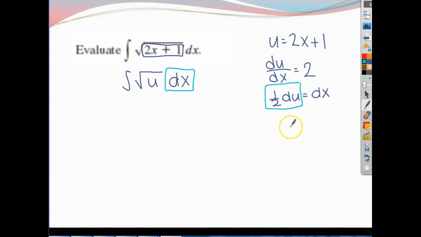What do you know about a constant within an integral? Well, you can bring it out in front. So I'm going to bring that constant out in front. And now I have the integral of the square root of u du. Now this is a relatively easy antiderivative.